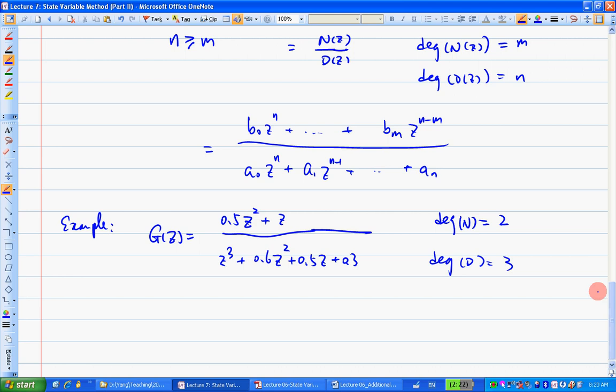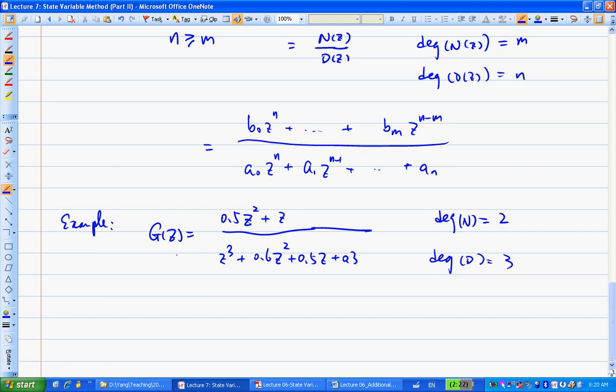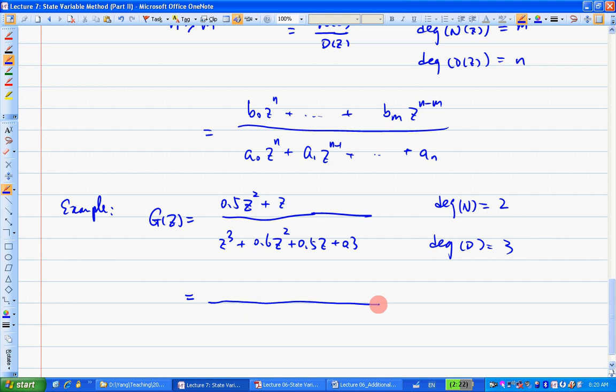If you don't like this format, we can rewrite it in the other format. Basically, we divide both the numerator and denominator by z to the power of 3.